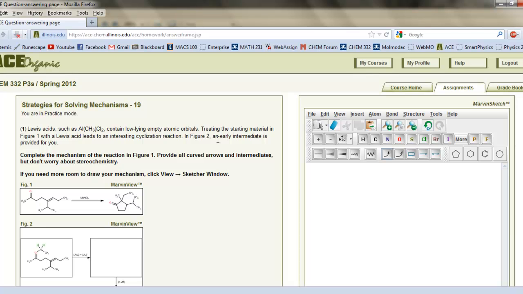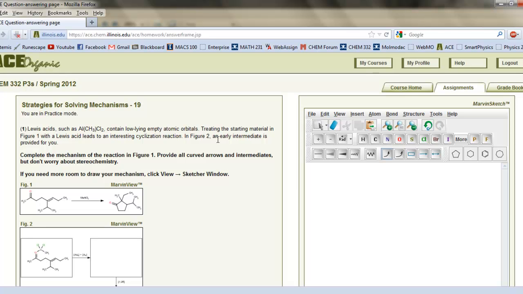So, read the problem. Lewis acids, such as aluminum methyl dichloride, contain low-lying, empty atomic orbitals. Treating the starting material in Figure 1 with a Lewis acid leads to an interesting cyclization reaction. In Figure 2, an early intermediate is provided for you.